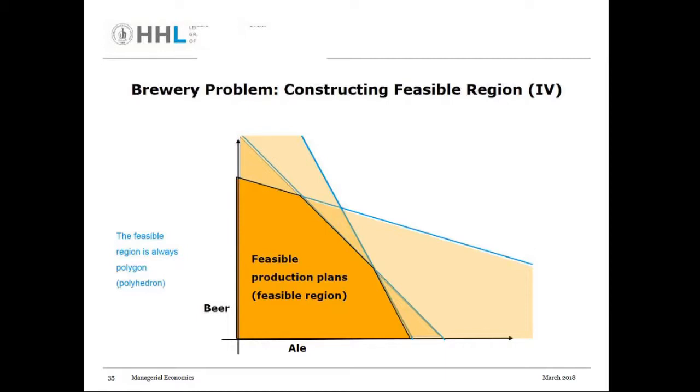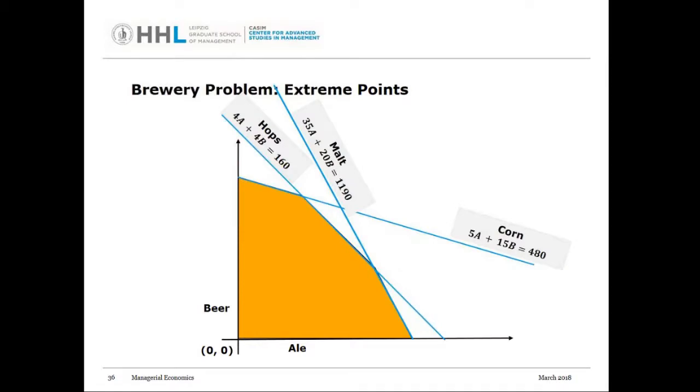So in this area, we have a production plan that uses the resources, and at the edge uses the resources to full extent. So it will be clear in a moment. We call it a feasible production plan. Now the important elements of the production plan are the intersections. So the intersections, the dots, are what is called extreme points, and we can calculate them.